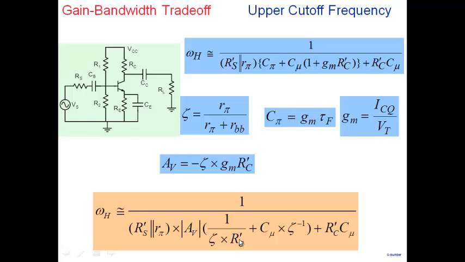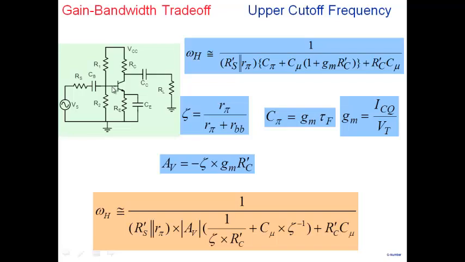If I increase RC, well, this term is actually becoming smaller. But the effect of RC would also be there on C mu, the value of C mu that is there here. Why? Because as you increase RC, note that for a fixed VCC, and we are not changing ICQ, the collector voltage will change. The voltage here at this particular node will change. And the base voltage is fixed, we are not changing anything else. So collector base voltage is going to change.